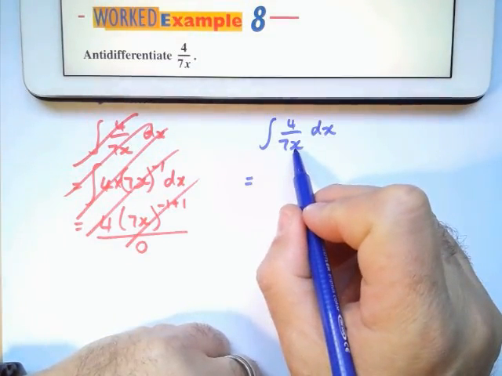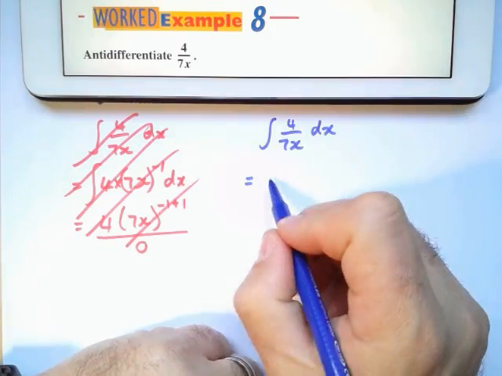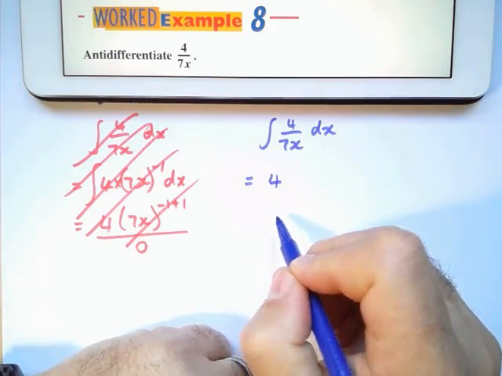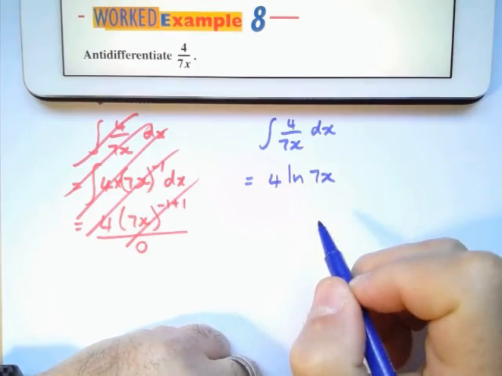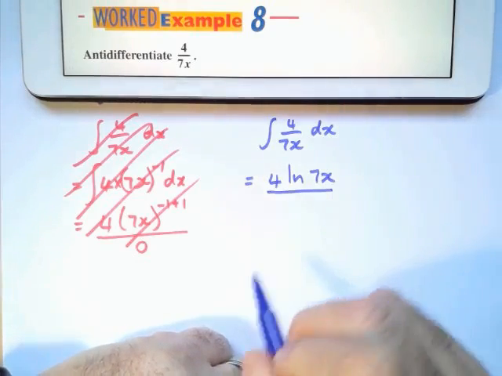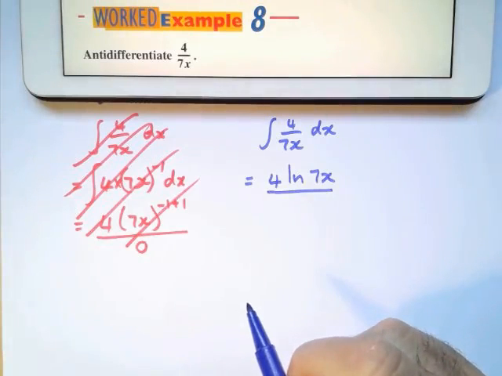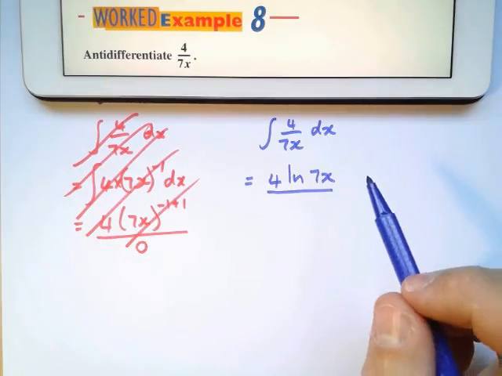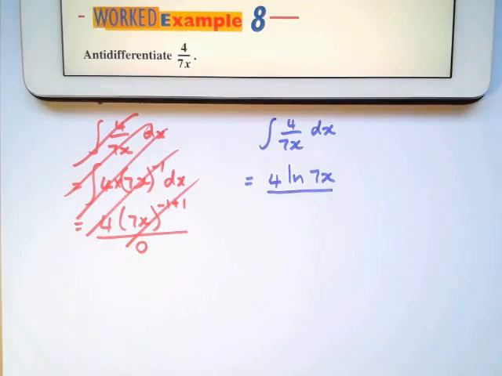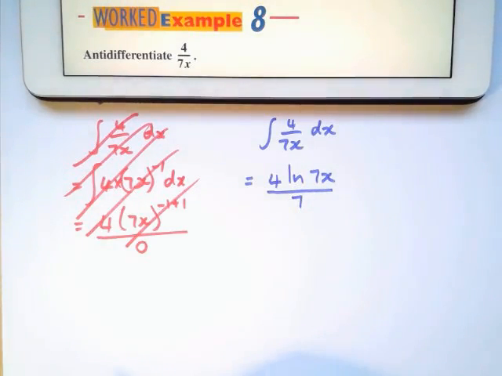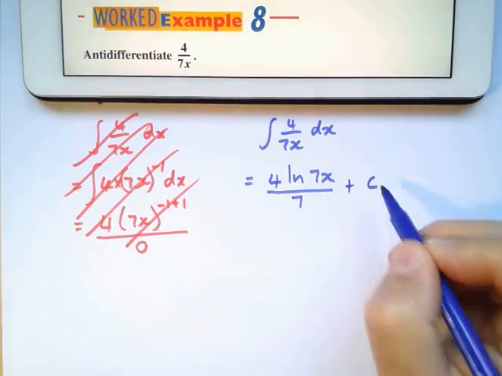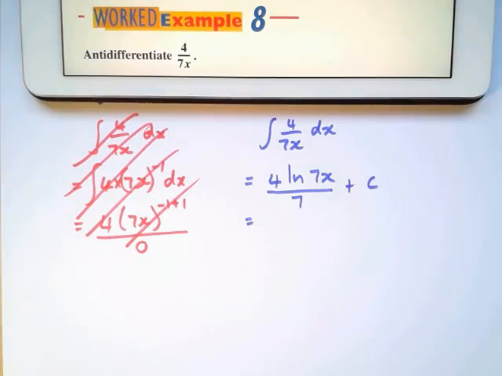If there's a function in x underneath the line, the 4 stays there, 4 ln of this function 7x, divide by the derivative of this, which is divide by 7, plus c.